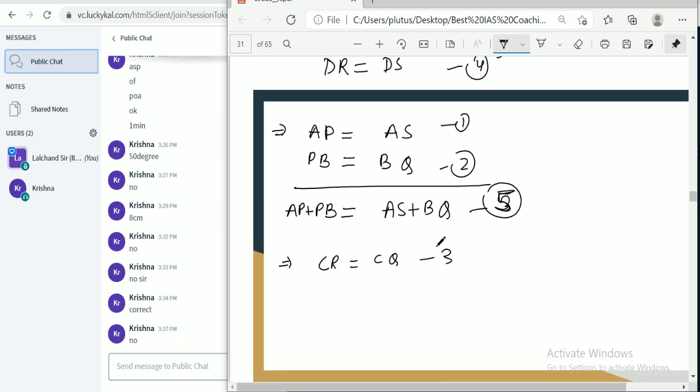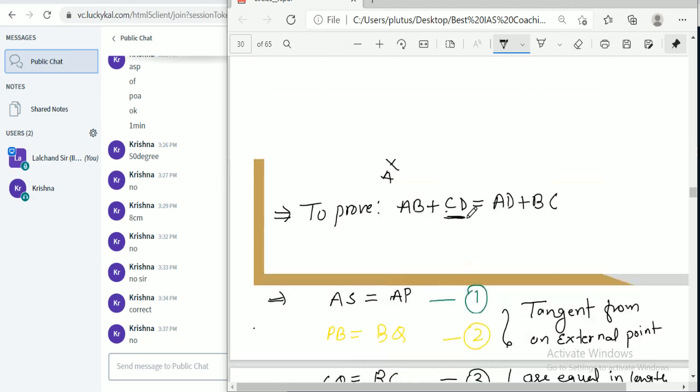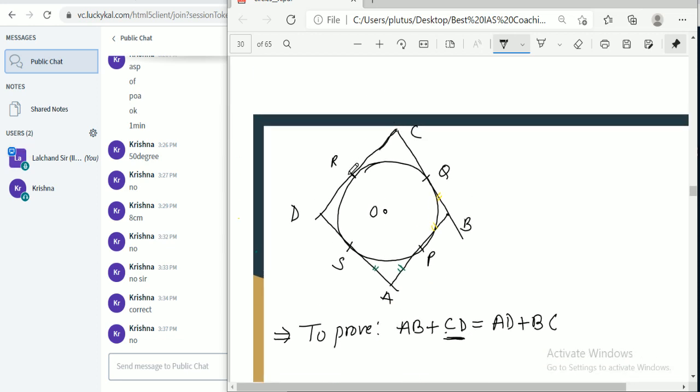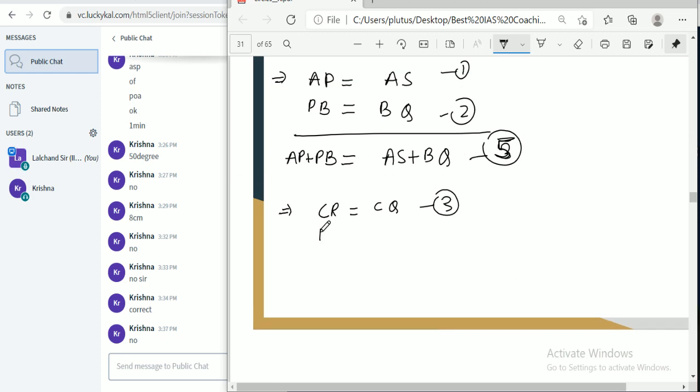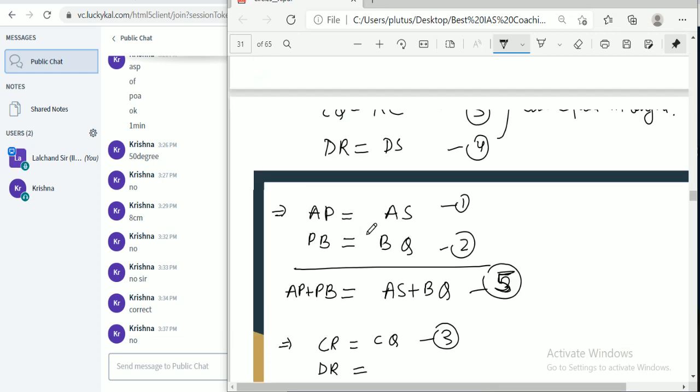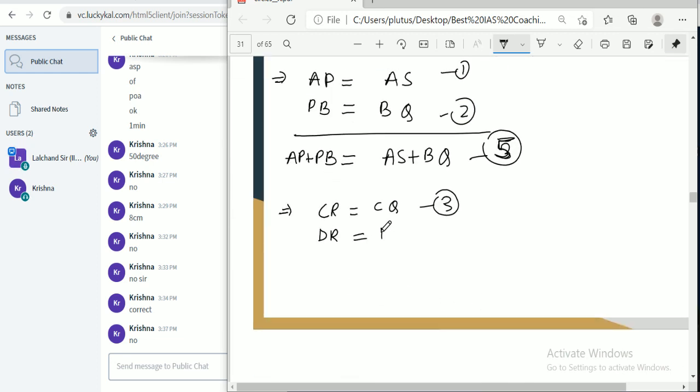Plus we need to add DR. DR is in equation 4, DR is equal to DS. If we add up these two equations, then we have finally CR plus DR equal to CQ plus DS.